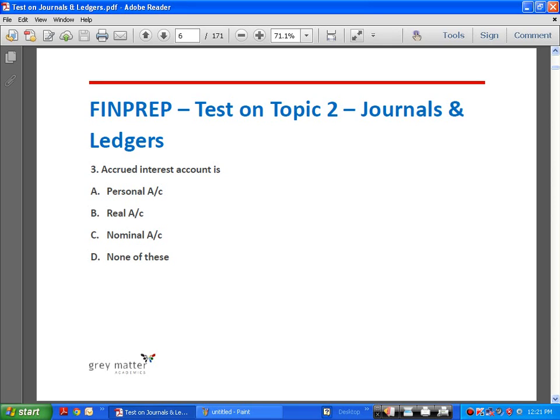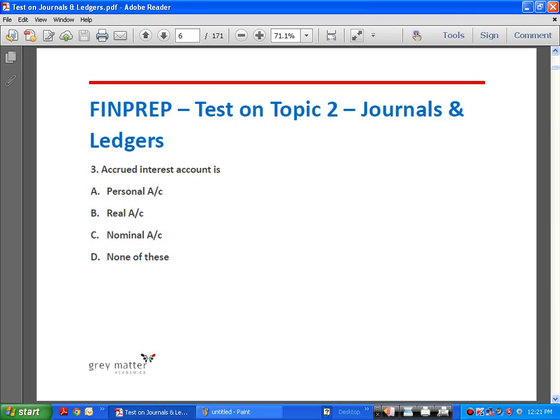See, accrued interest means interest is receivable to the business. Accrued interest is a personal account because it represents money that is to be received from a person. Right?